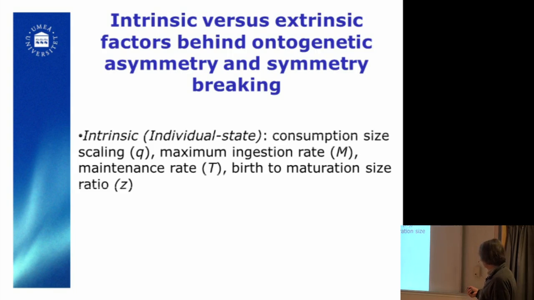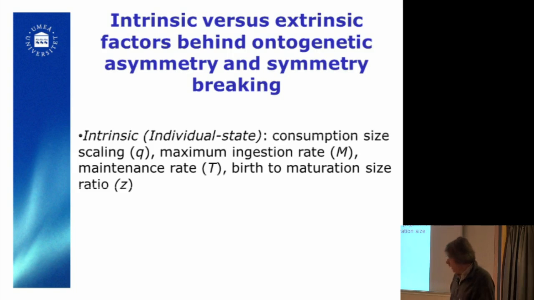Some may have noted that we didn't do this with the maintenance rate and maximum ingestion rate, but we could very well have done that. Because these 2 parameters were still symmetric per unit of biomass, you can actually have an asymmetry in these 2.